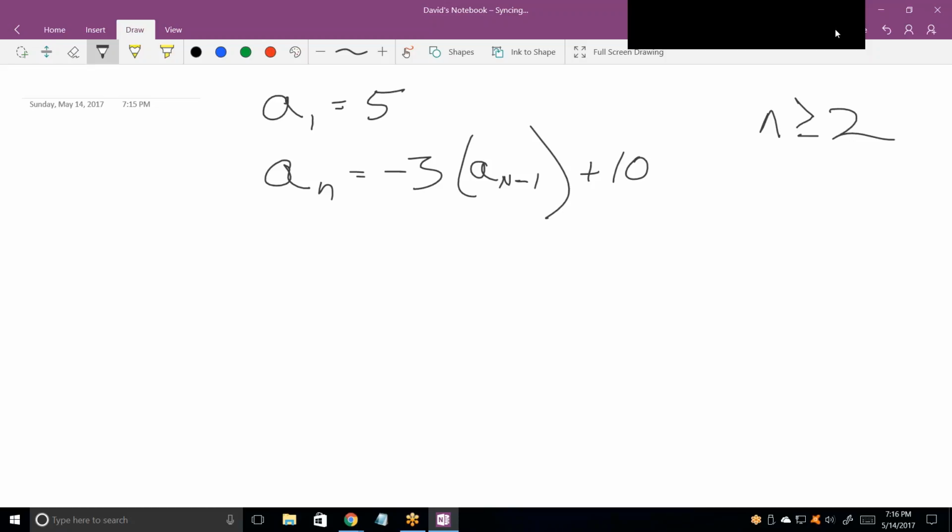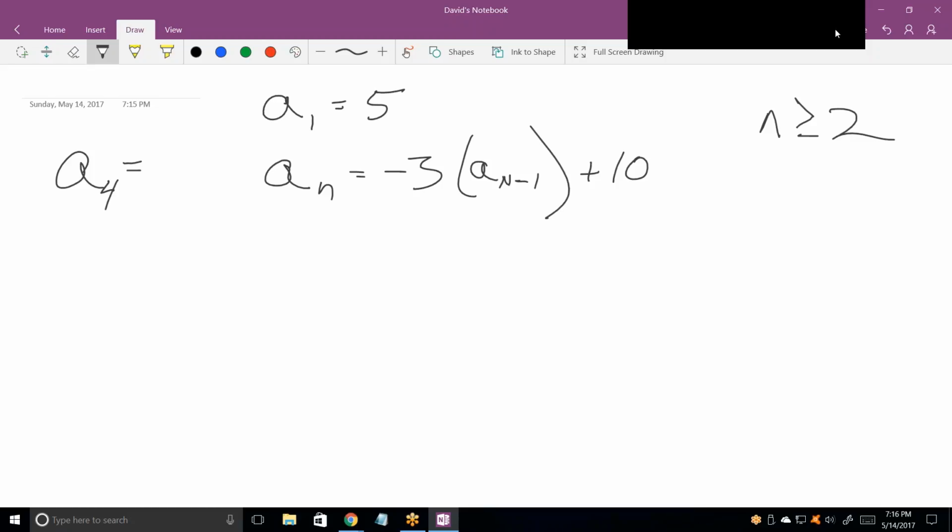And they want you to find a sub 4. Yeah, they want us to find the fourth term in the sequence. It doesn't say a specified way.